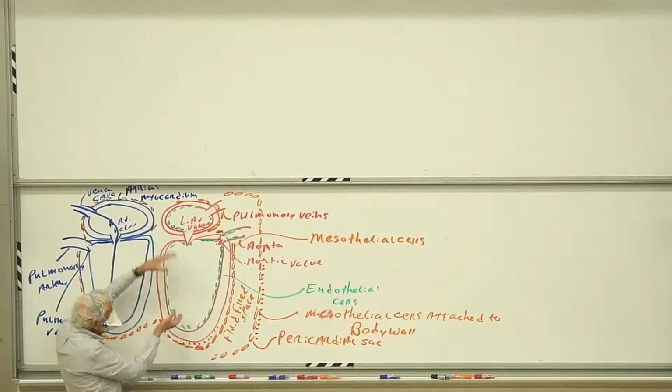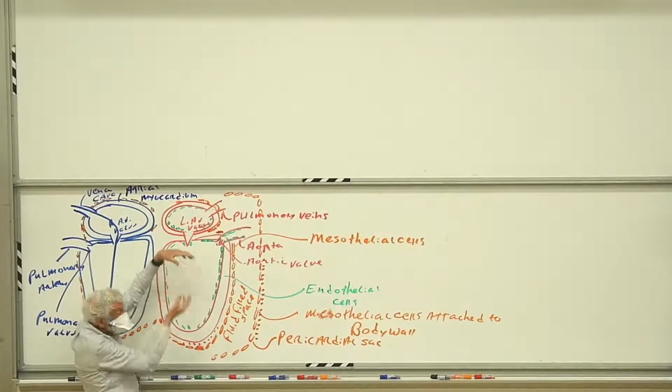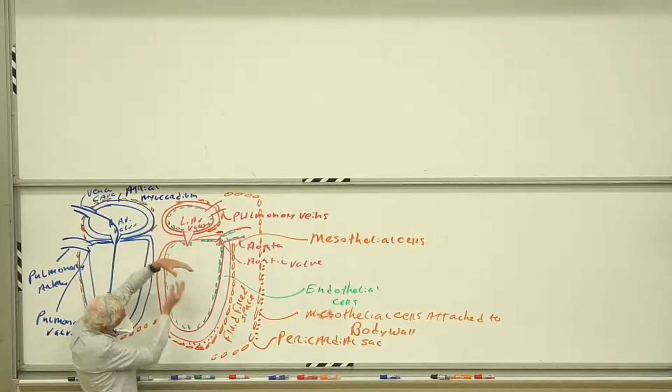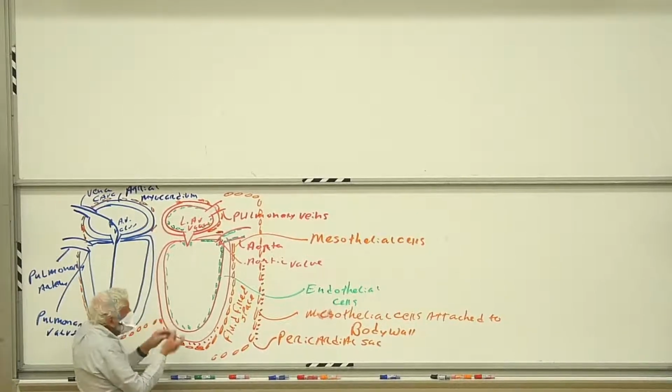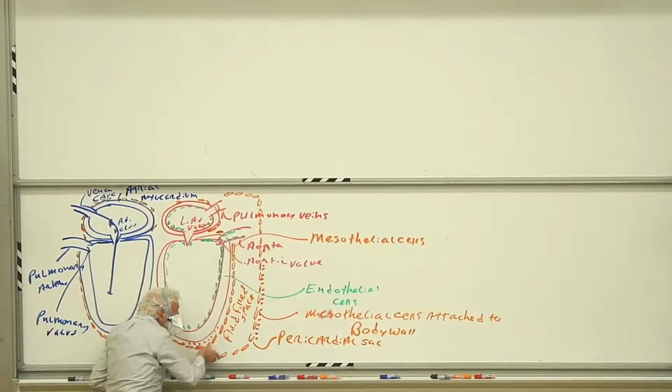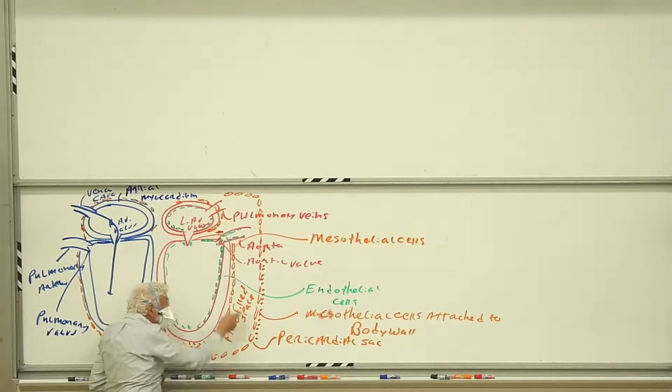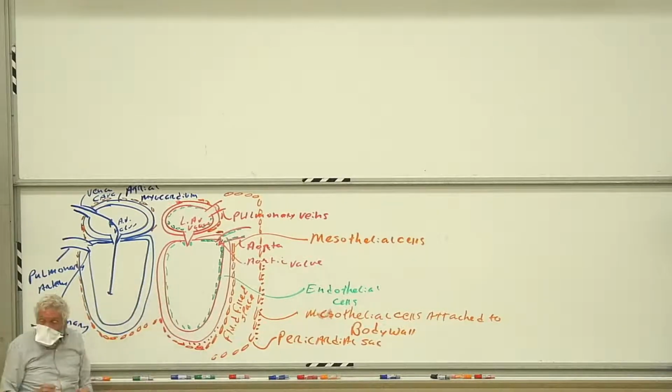So you can imagine here how the wall of the heart is extending and then contracting, extending and contracting. Each time it has to move along the body wall, and so what the fluid in the pericardial sac does is it helps lubricate that movement, so that with each contraction, there's a smooth movement between the wall of the heart and the body wall.